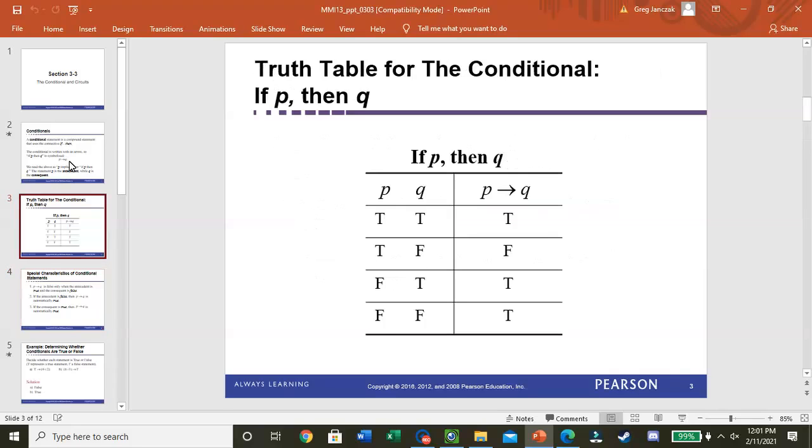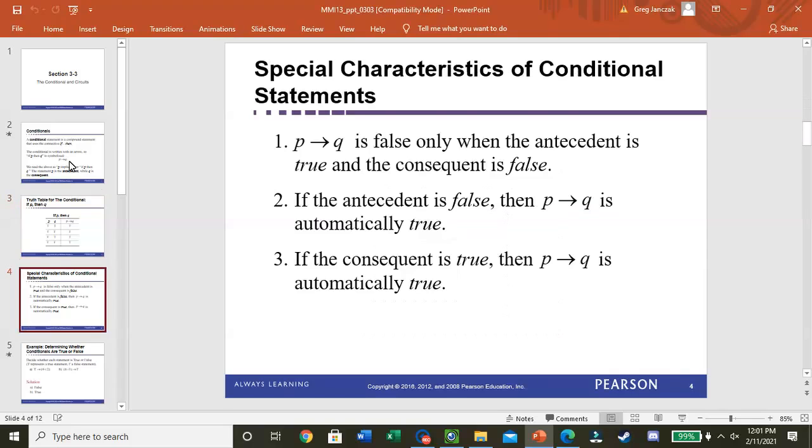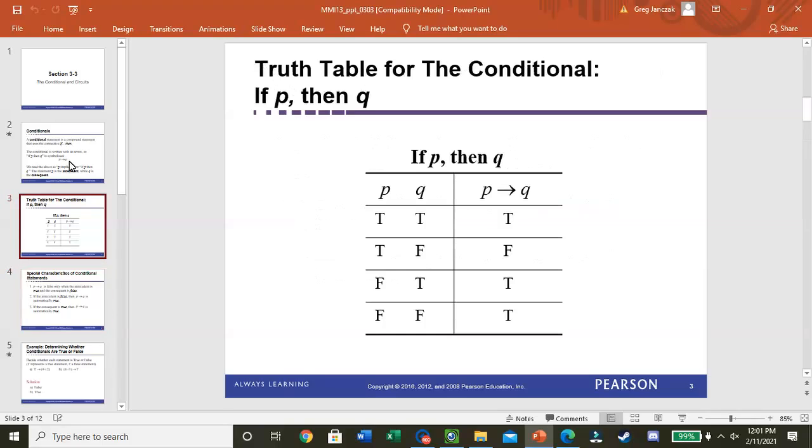So if we look here, this is false and false, those are true. If the consequent is true, then if P then Q is automatically true. So anytime the consequent is true, that's going to be true. Well, the easiest way to remember that is if true, then false is false. It's the only one that's false. All the others are true.